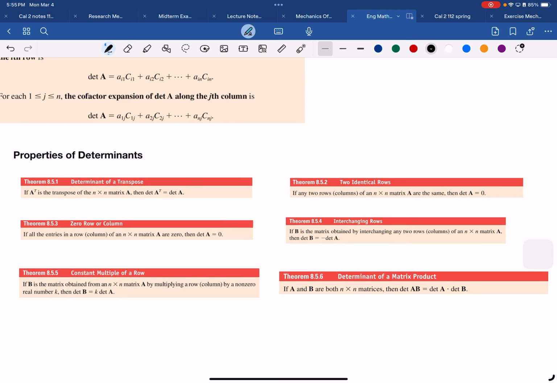So this is the determinants. There are some examples here, but I think I will go through the examples later on for the exercises.